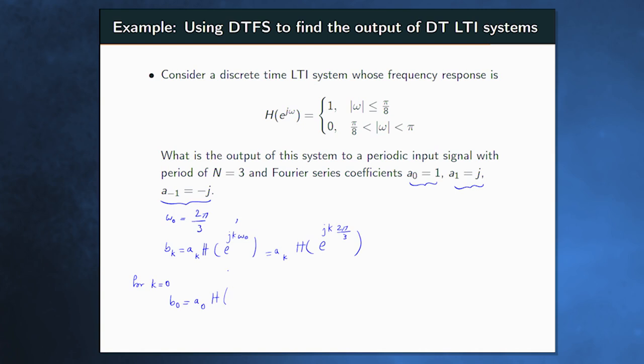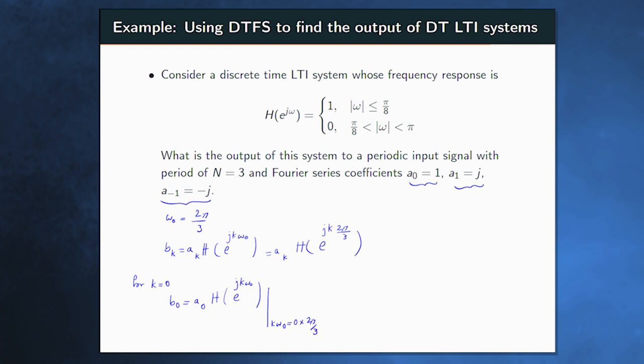When I want to evaluate this for any k value, I like to write it this way because it's less confusing: H of e to the j omega evaluated at omega equals k times omega naught, which is 0 multiplied by 2 pi over 3.